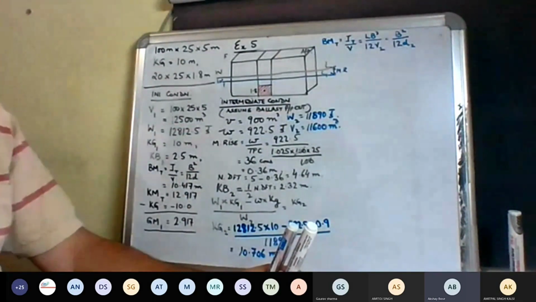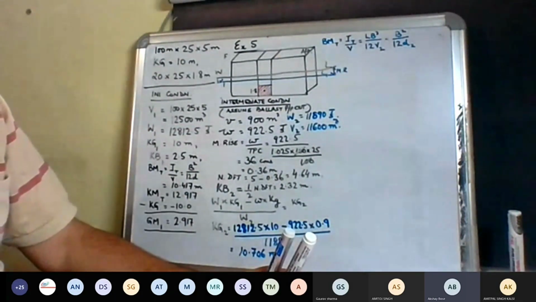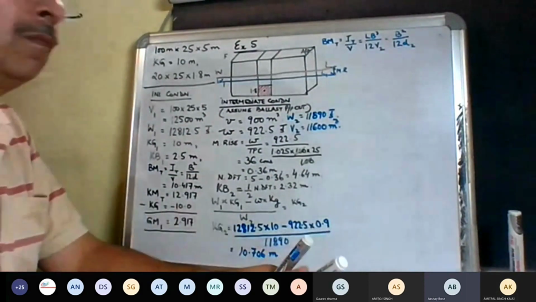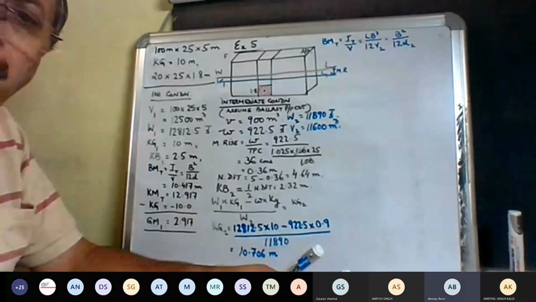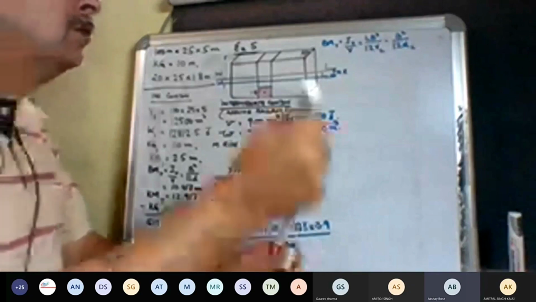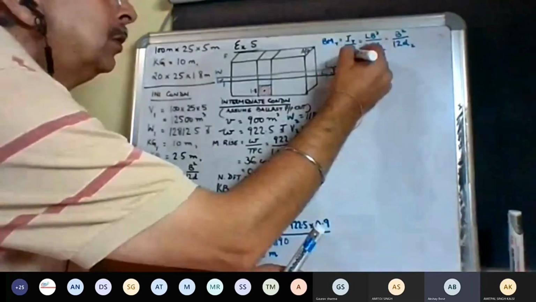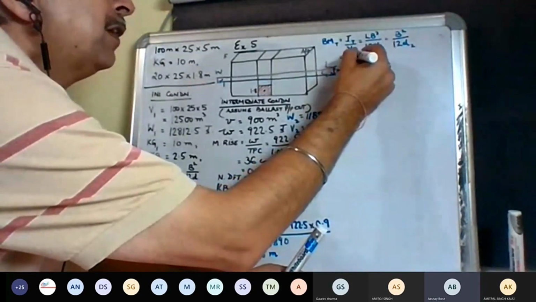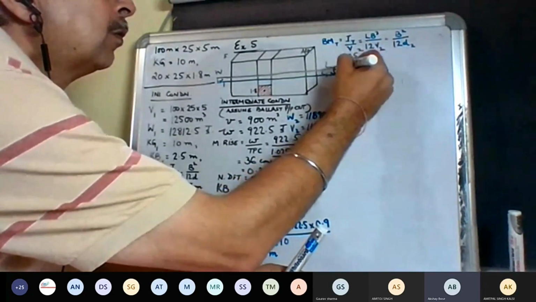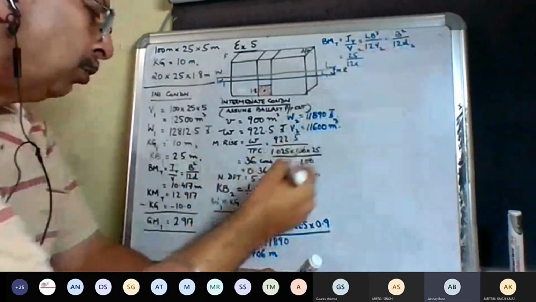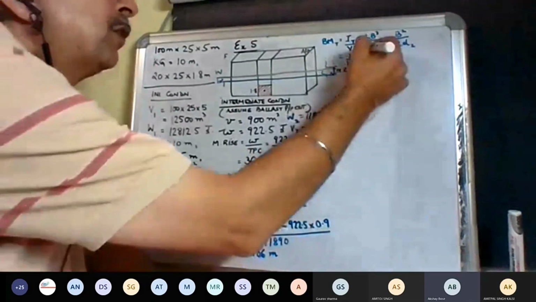So this will be 25 square over 12 into d2. d2 will be 4.64.